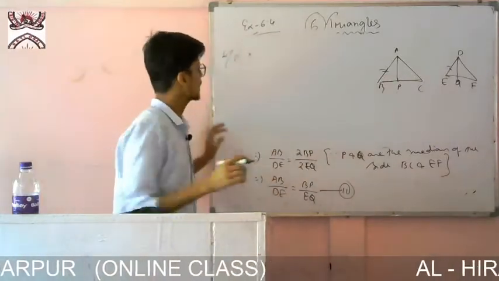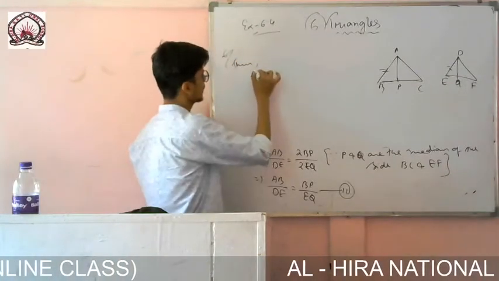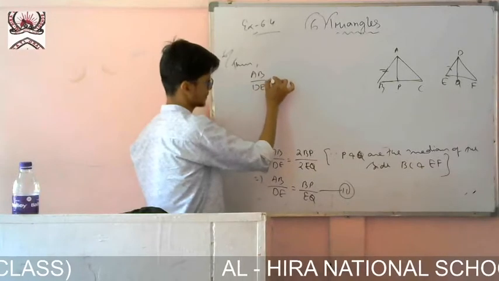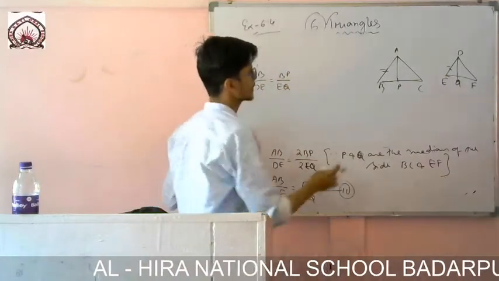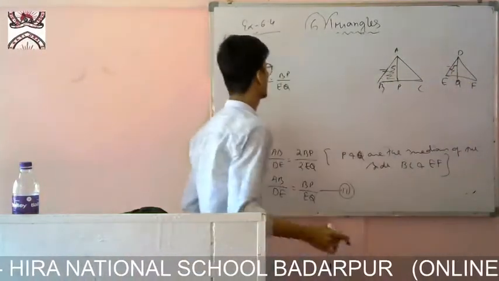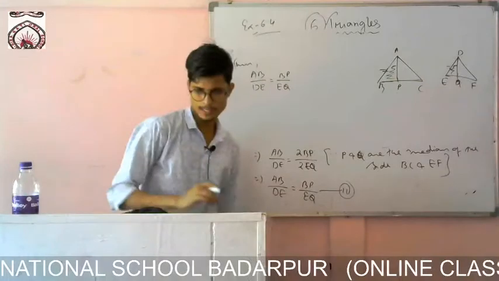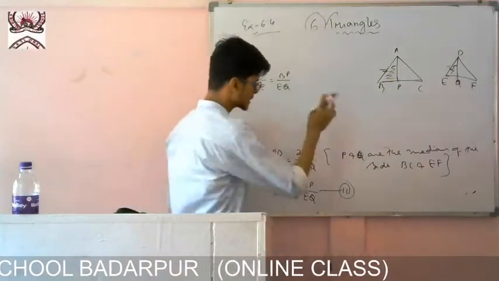Thus what we have got is AB by DE equals BP by EQ. If I take this triangle, these two angles are given, and I can write angle B equals angle E, because these two triangles are similar.